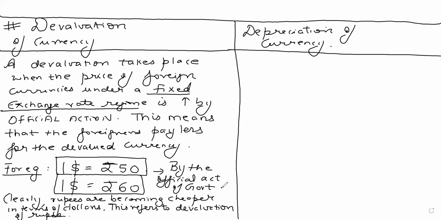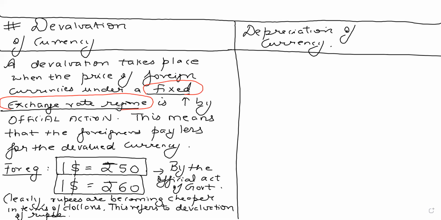Devaluation is not happening because of market forces of demand and supply, guys. This is something important to understand. Devaluation happens only under the fixed exchange rate system. And we have just seen that under the fixed exchange rate system, we do not have market forces of demand and supply. We only have intervention by the central bank, or for that matter, the government.